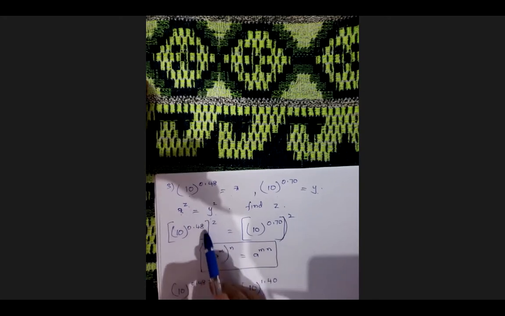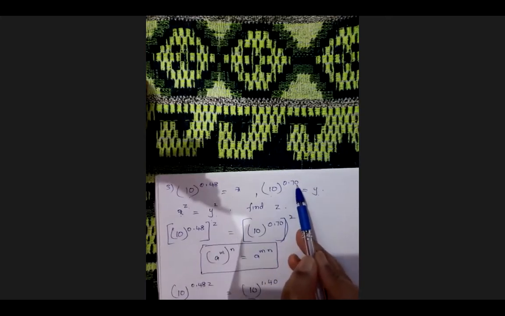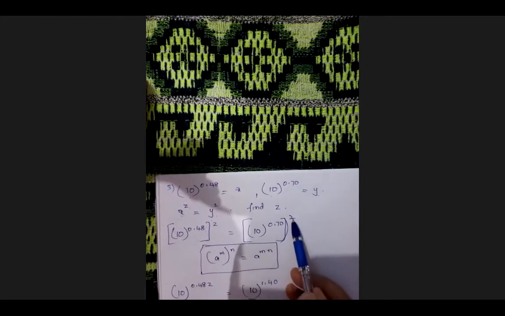So we write x as 10 power 0.48 to the power z is equal to y square, and y is 10 power 0.70 to the power 2, isn't it?